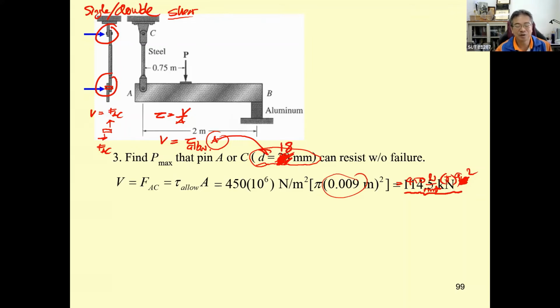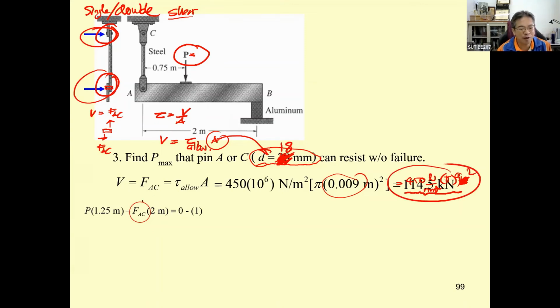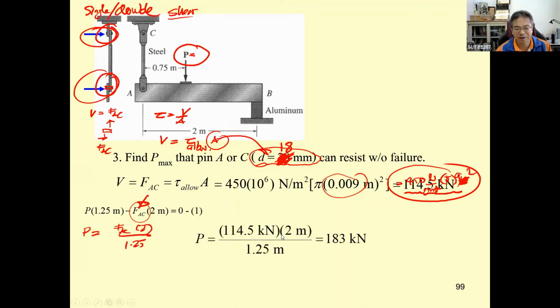And then you got this one for the F sub AC, right? The answer is not yet obtained. We're going to determine the P, the P that causes the failure of this bolt. You just plug 1.5 into this one. So the P is going to be F sub AC times 2 divided by 1.25.